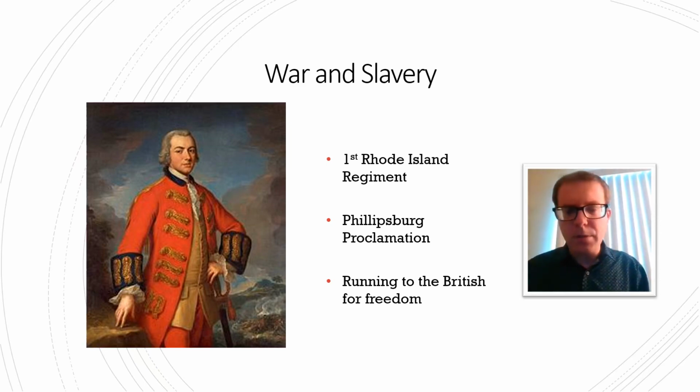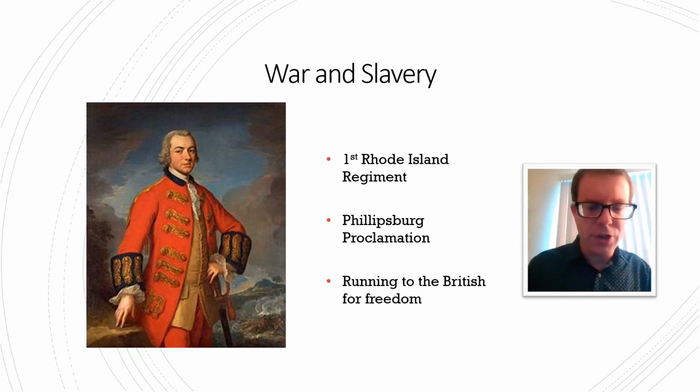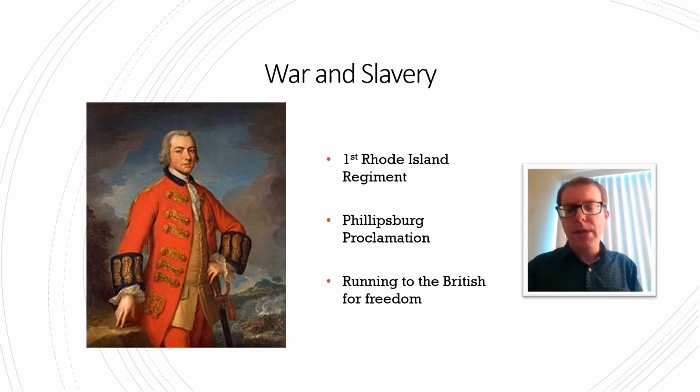A prominent British general, Henry Clinton, who's involved in this invasion, when he arrives in North America, issues a proclamation called the Philipsburg Proclamation, which says to the enslaved population in Virginia and South Carolina and Georgia, if you run to British lines, we will employ you, we will integrate you into our military, and we will give you freedom.